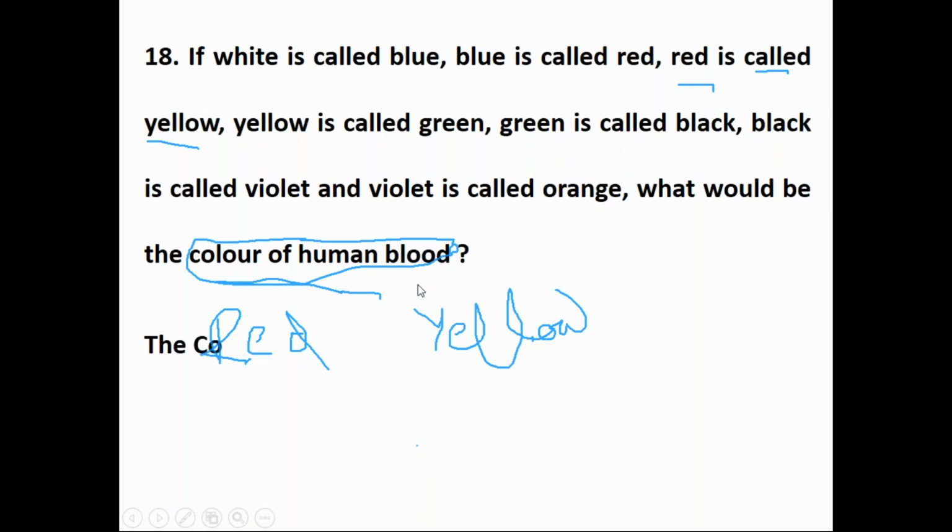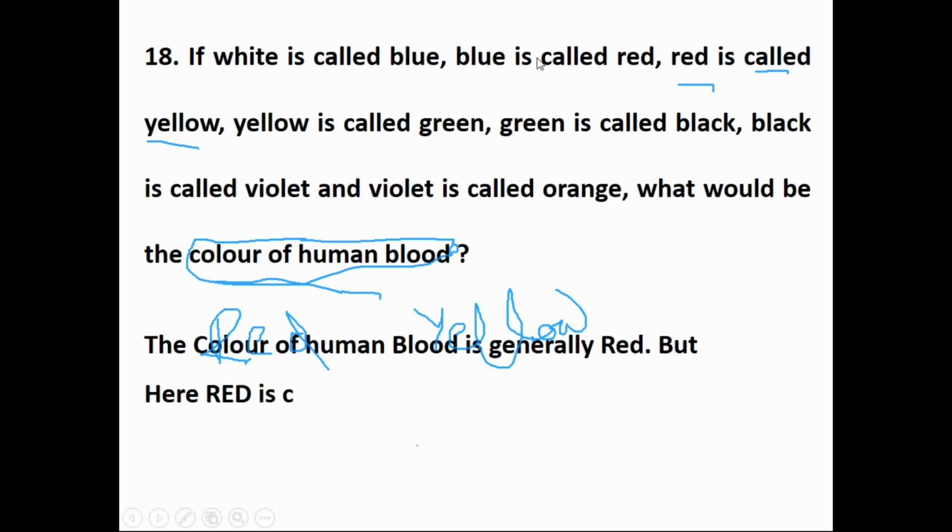Sir, why it is not orange, sir? White is not orange, ma. White is called blue, but blue is not called white.